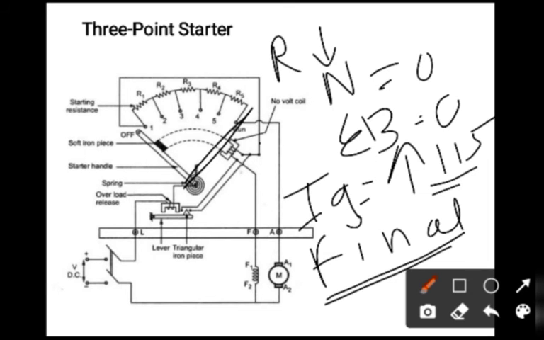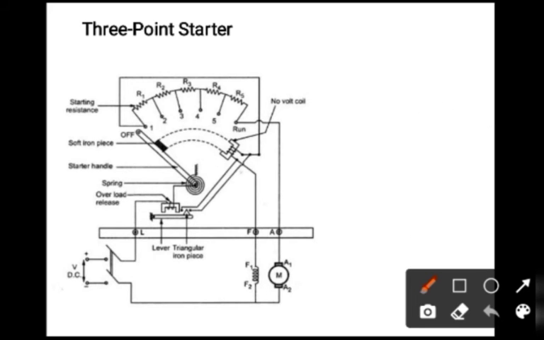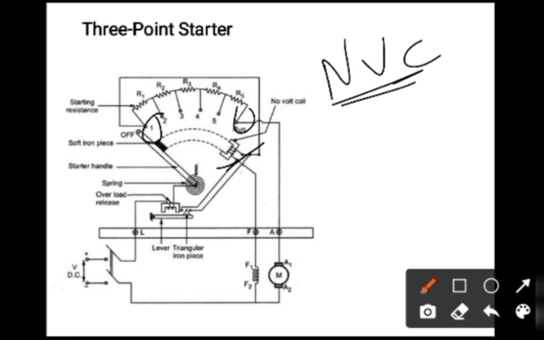Okay, once again I am going to repeat. Suppose the NVC coil is not present, what will happen? To start the motor, we move the handle from point number 1 to the final position, and at that time due to supply failure, the handle remains at the final position, and within 2 minutes the supply comes again.